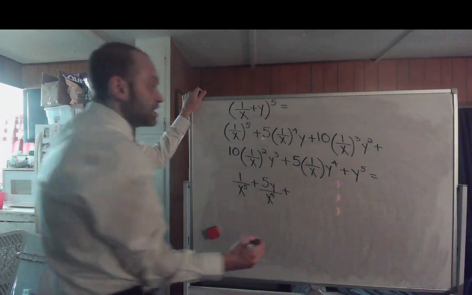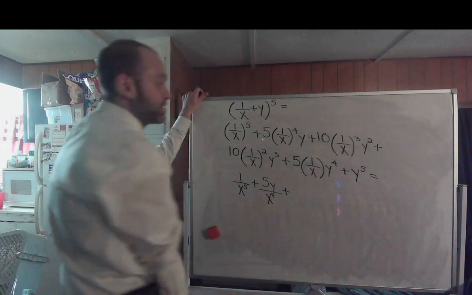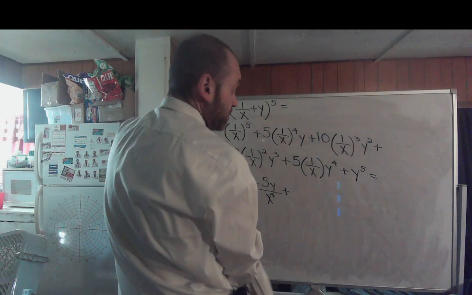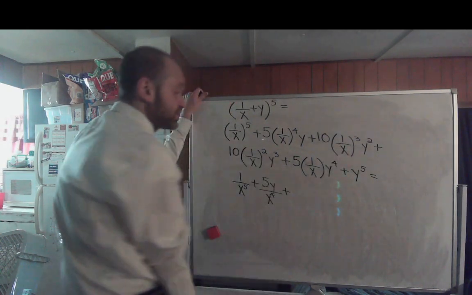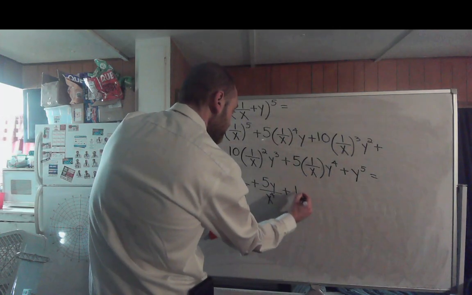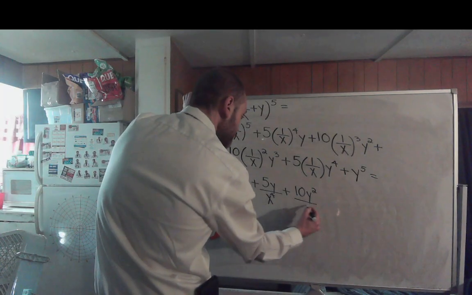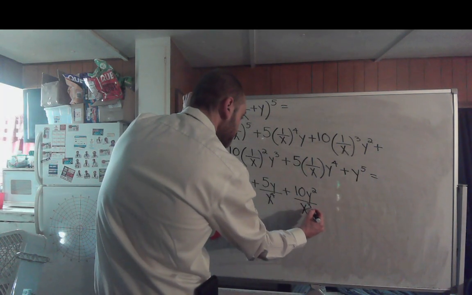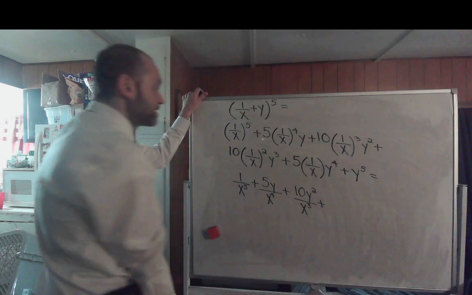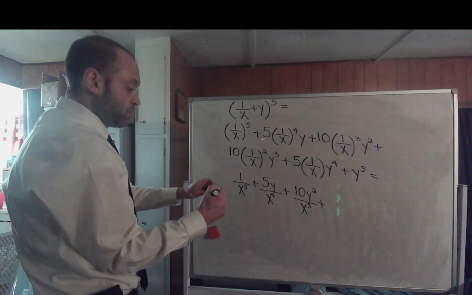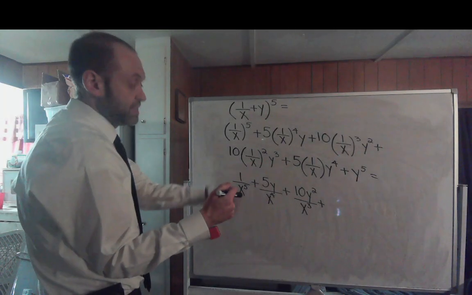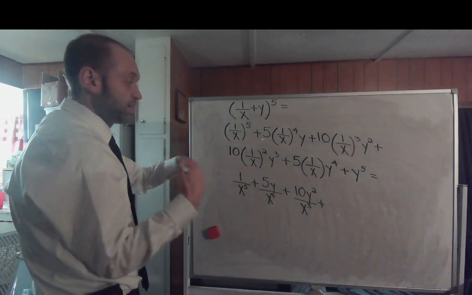Plus, alright, that 1 over x to the 3rd is simply 1 over x to the 3rd times that y squared times 10. That's going to give me 10y squared over x to the 3rd plus, let's do the next one, 1 over x raised to the second is 1 over x squared times y to the third times 10.